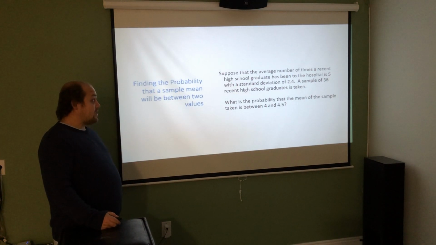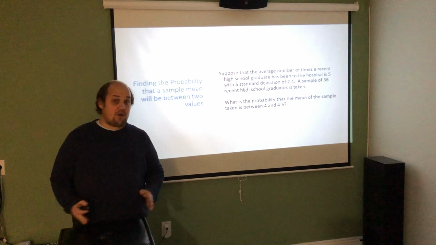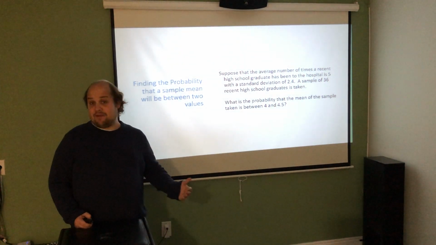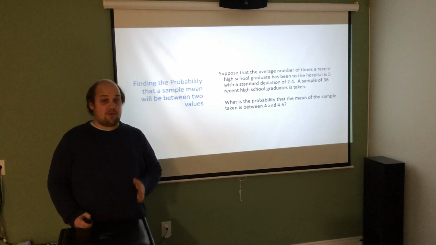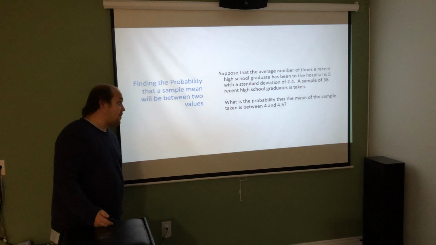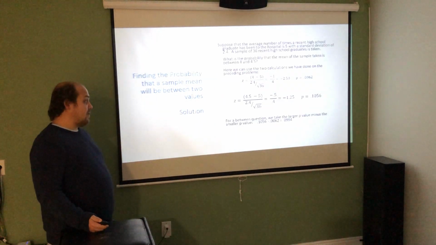Same prompt, what's the probability that we're between 4 and 4.5? So the good news is, just like before, when we've already found z-scores, we can use the previous z-scores that we found. So in the two previous questions, we found a z-score for 4 and a z-score for 4.5. We use those two probabilities by saying larger p-value minus smaller p-value is between.